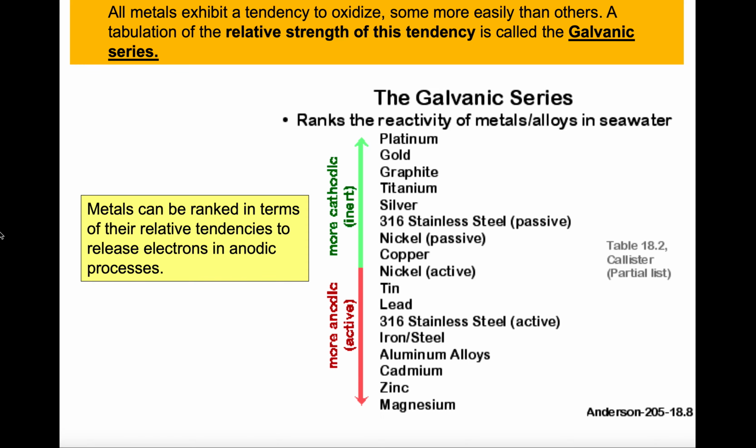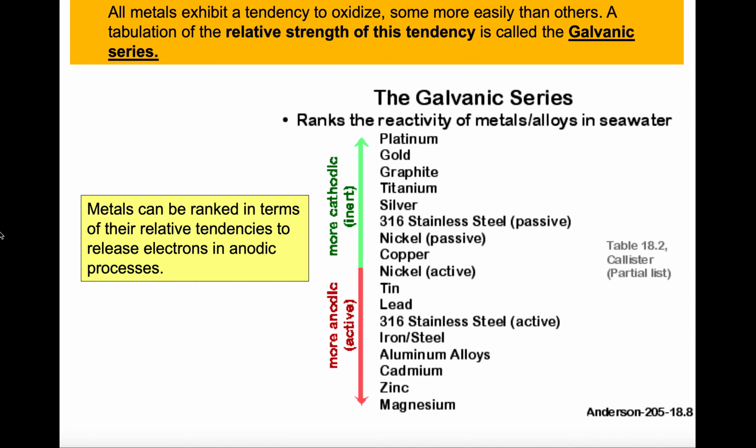So the lower you go in this list, the more tendency for these metals to lose their electrons, so we call them active. The higher you go in the list toward platinum, gold, and graphite, those elements don't tend to lose their electrons, so they're more cathodic, and we call them inert, which means that they don't corrode.